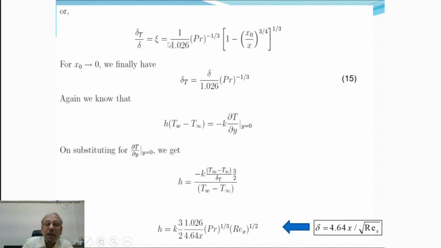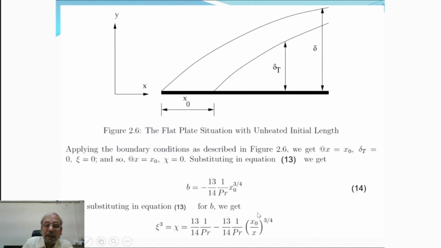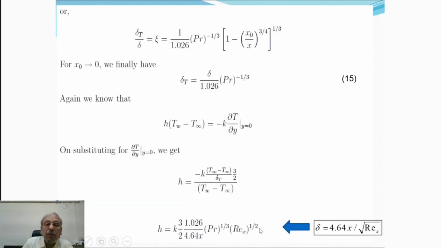Then this entire quantity, we take the cube root, and that becomes 1 by 1.026 Prandtl number to the power minus 3 into 1 minus x naught by x to the power 3 by 4, entire quantity power 1/3.